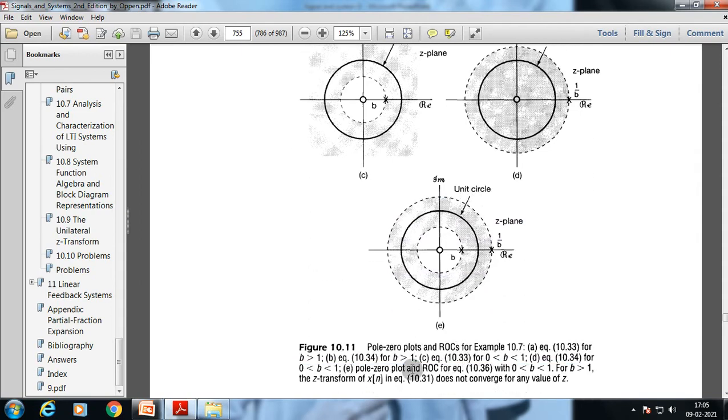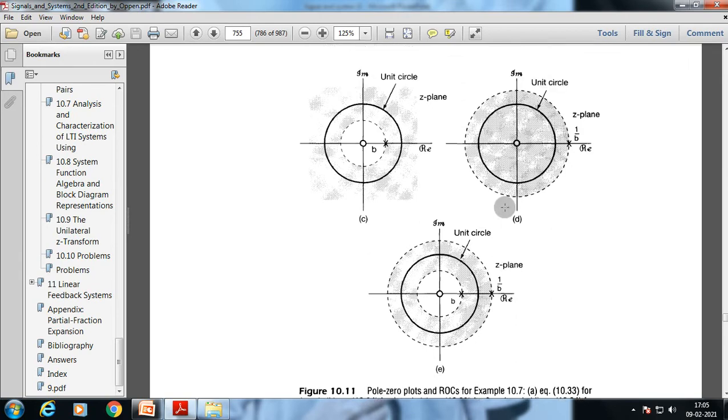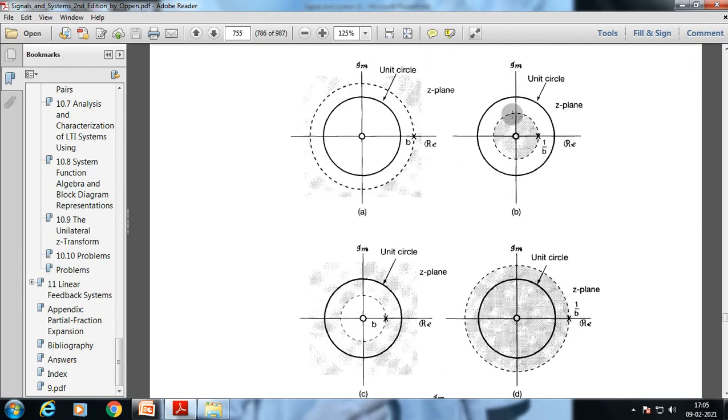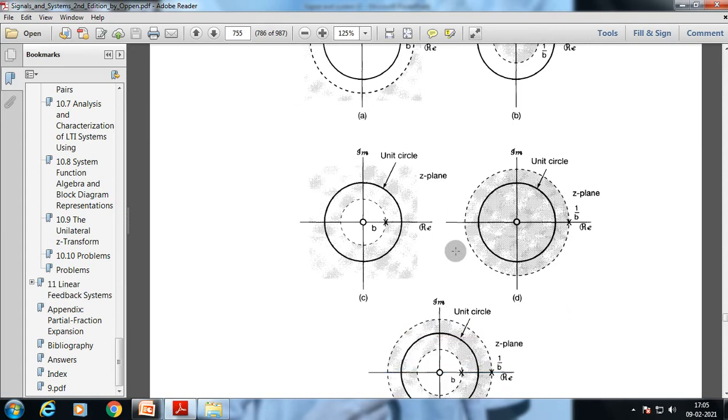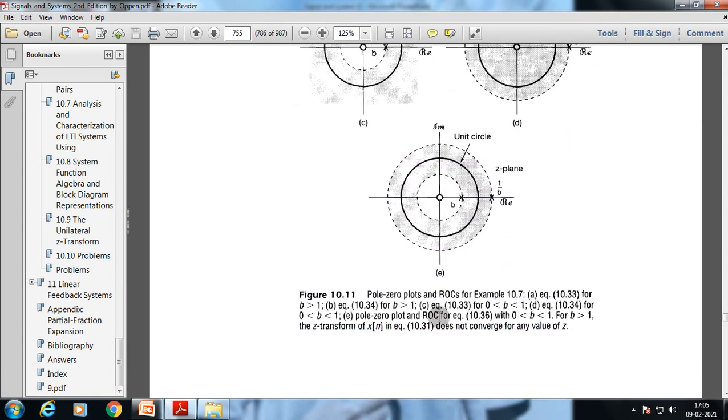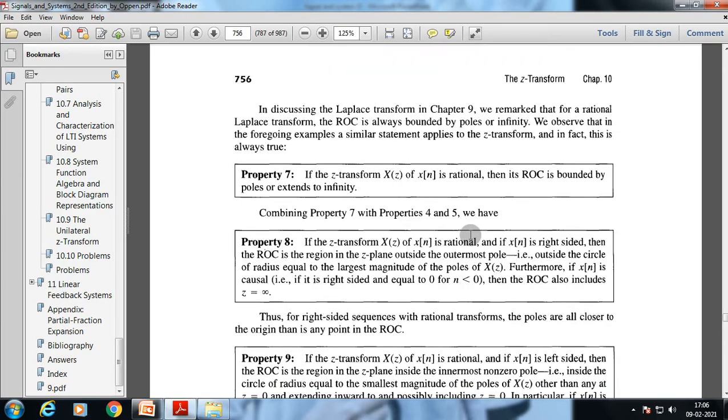In equation 1, for b greater than 1, we get this value 1/b. For E we got the pole-zero plot and ROC. For b greater than 1, the Z transform of x of n does not converge for any value of z.